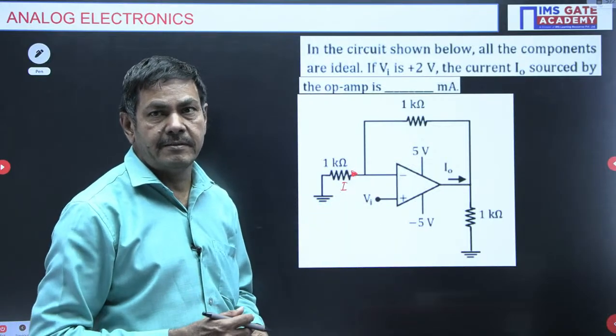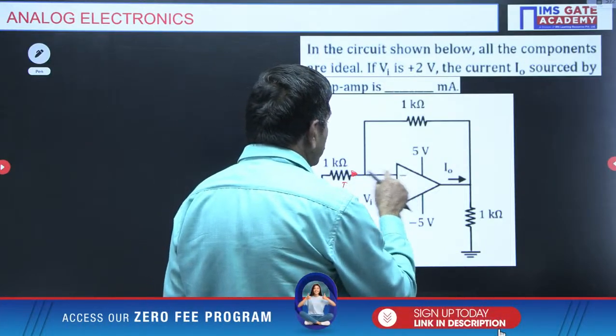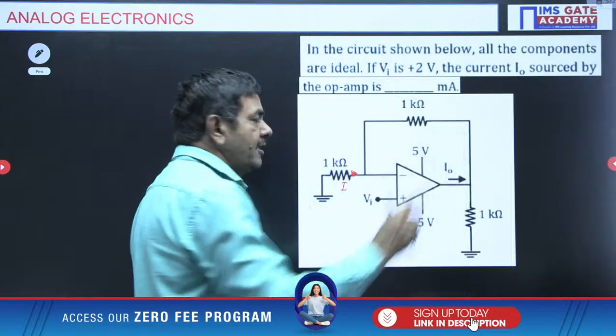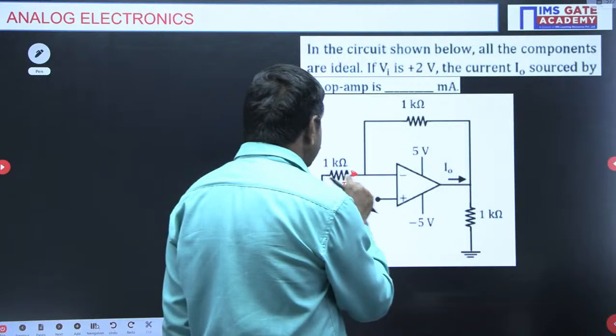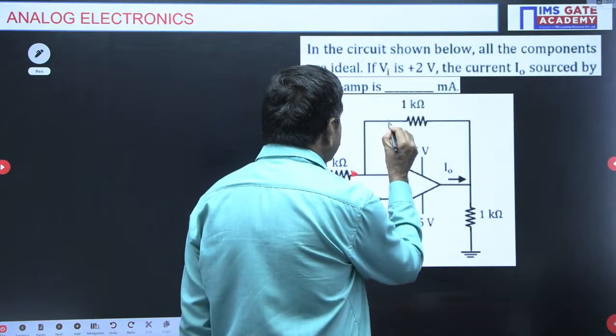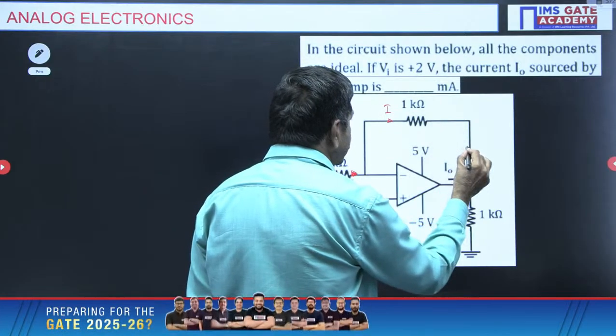If the input impedance is infinity, the current passing through this side is approximately 0. Whatever current passes this side, the same current I, or IF, will flow this side.